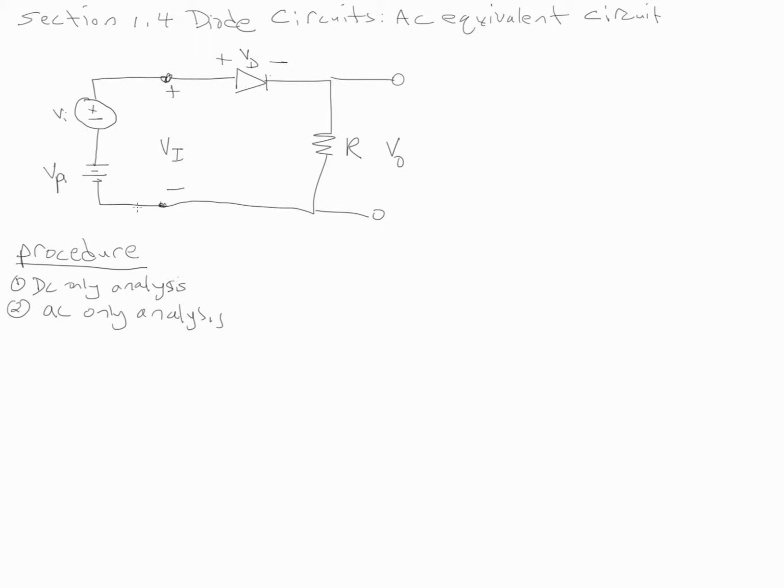And so if we get rid of all the AC stuff and do the DC analysis only, we look at all the components in the DC realm. So we got plus minus V power supply, plus minus VD, and then R, and then this is our output, V out.